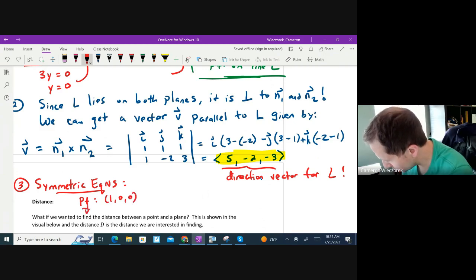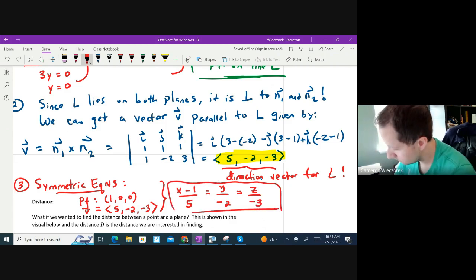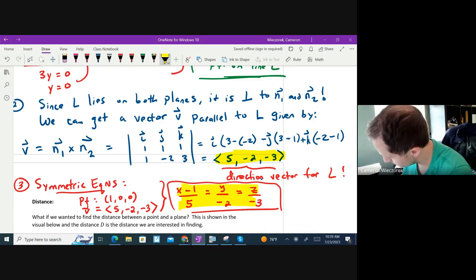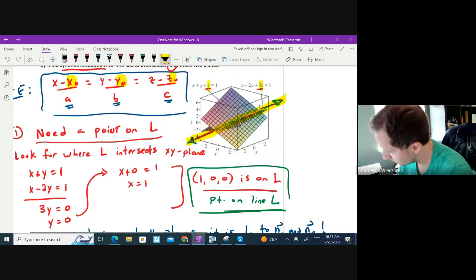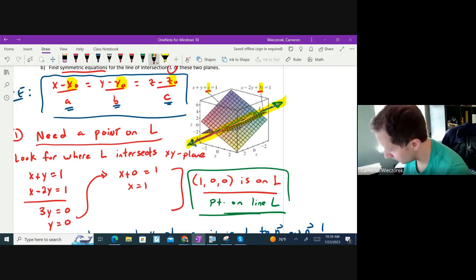And we found our direction vector for the line is (5, -2, -3). So putting this all together, we get (x minus 1) over 5 equals (y minus 0), so y over -2, equals (z minus 0), so z over -3. These symmetric equations are describing this line of intersection right here in rainbow. Okay? So that is our line.